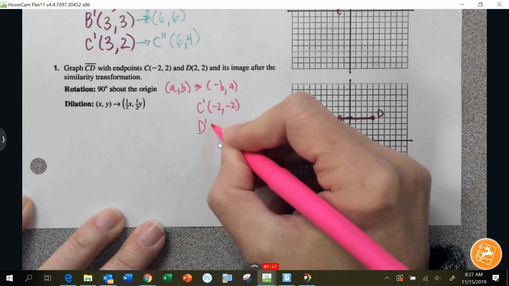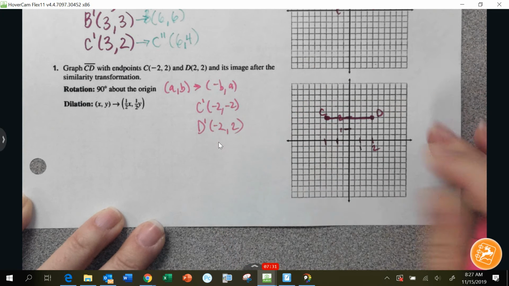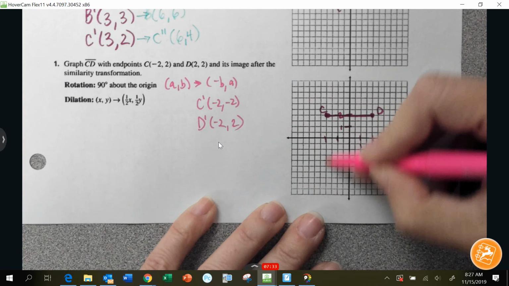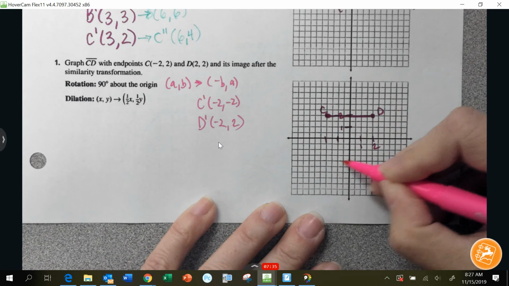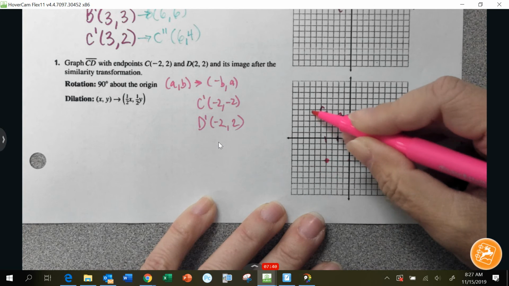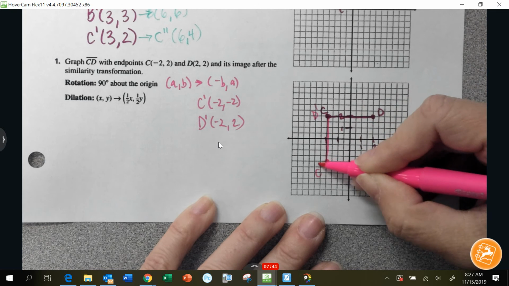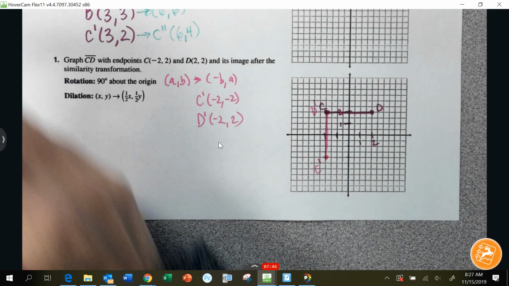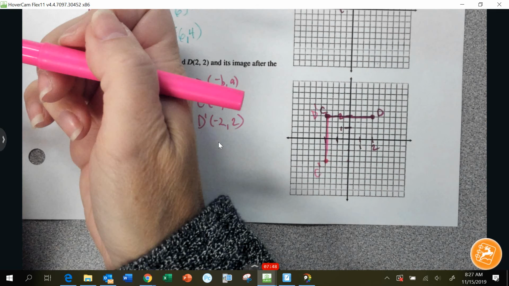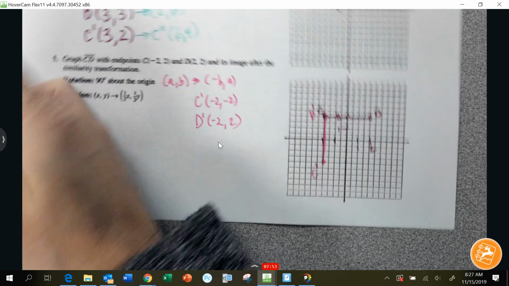And my D prime will be negative 2, 2. All right, and then after that, we needed to do a dilation, half.